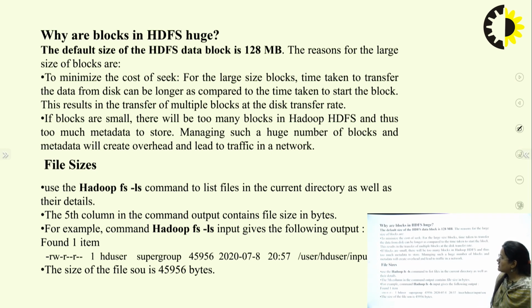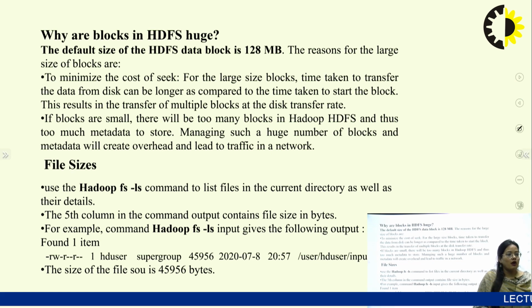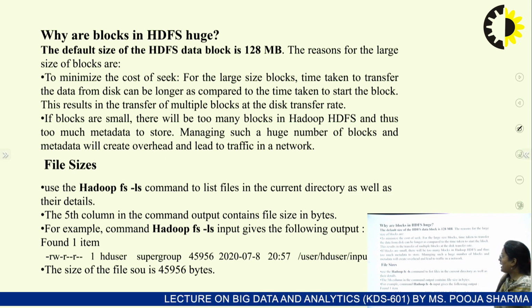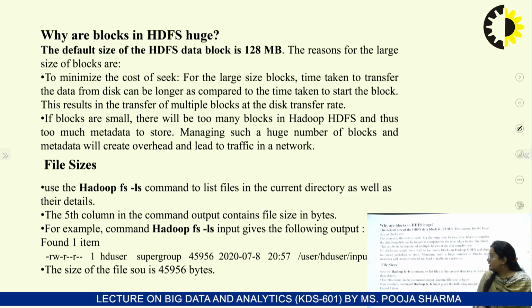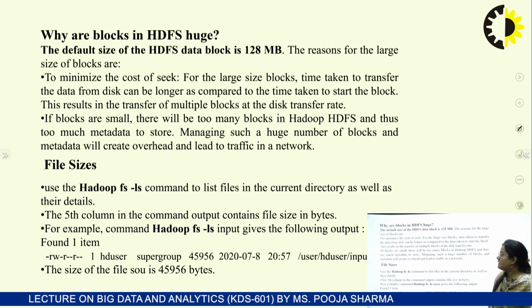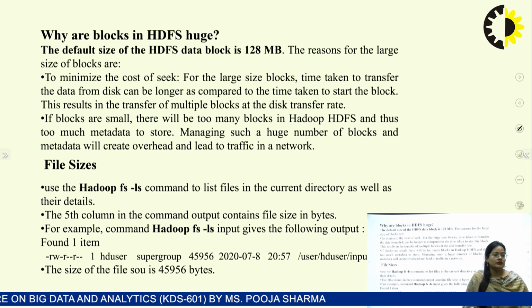If blocks are small, there will be too many blocks in Hadoop HDFS and thus too much metadata to store. Managing such a huge number of blocks and metadata will create overhead and lead to traffic in the network.